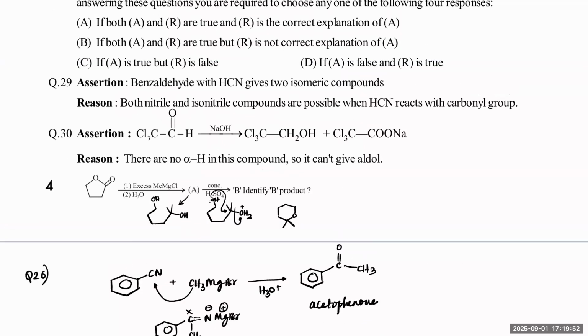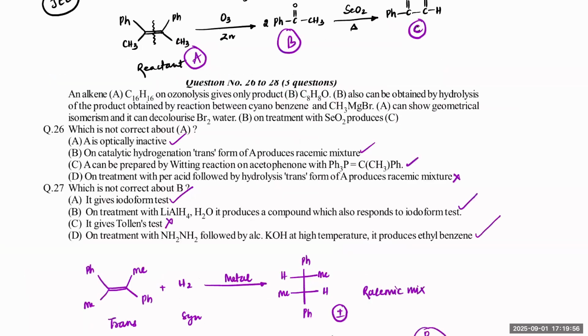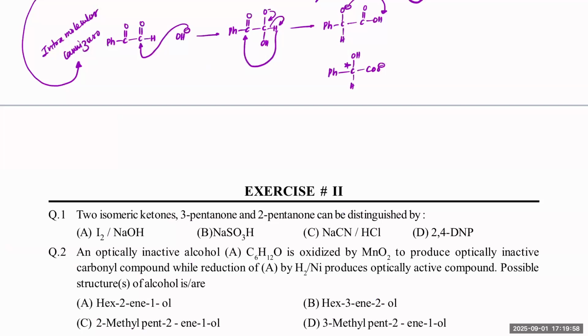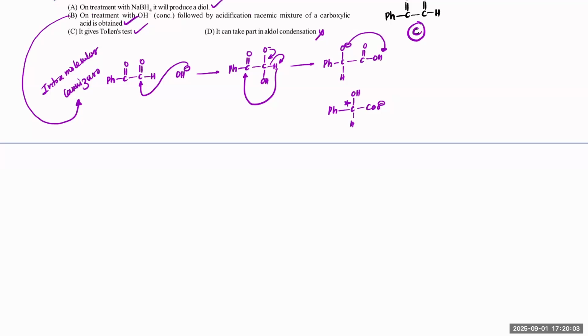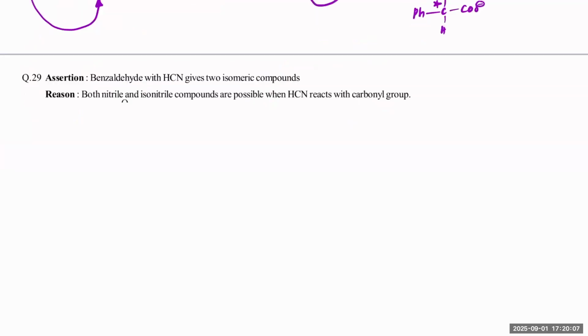Suppose you have a benzaldehyde like this, and when you react with HCN, first it will form a cyanohydrin, which is CH, OH and cyanide.